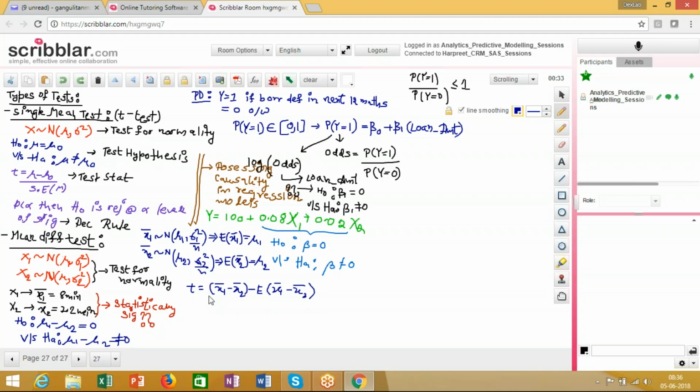This is the difference in the mean minus the expected difference, the whole divided by the standard error of the difference.